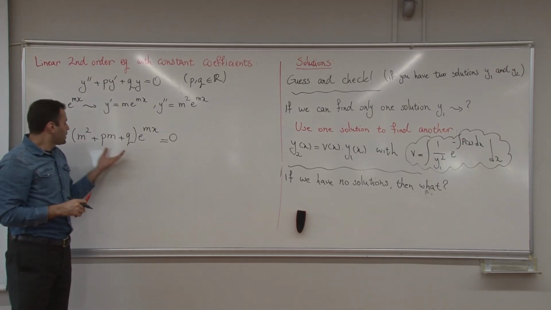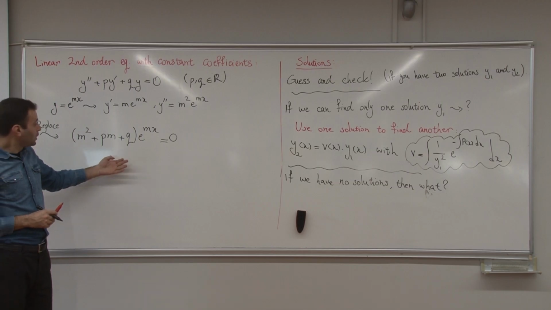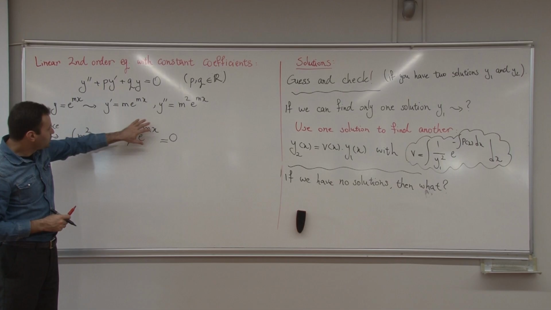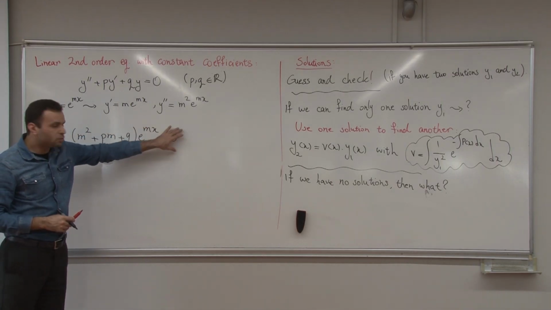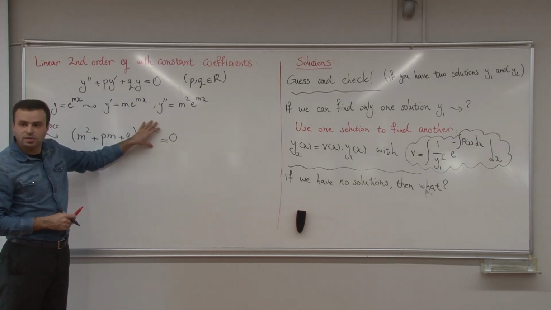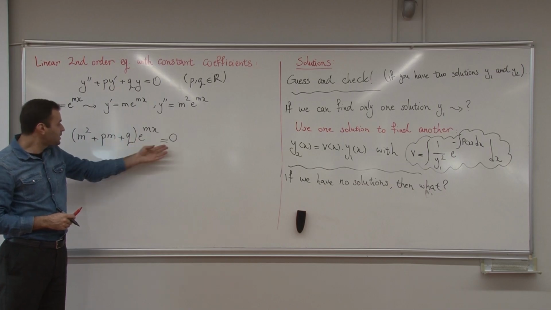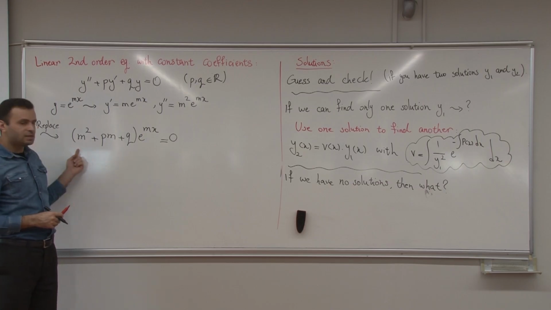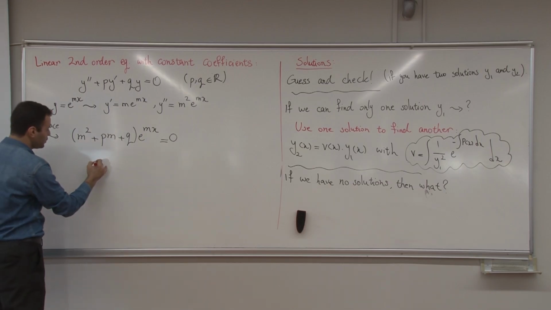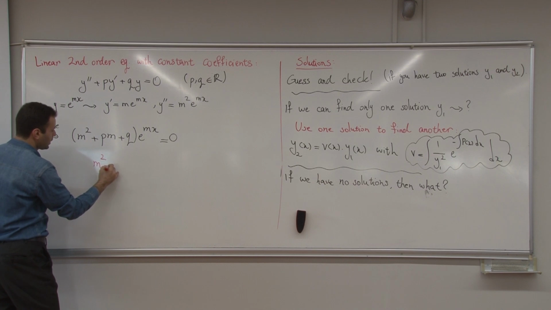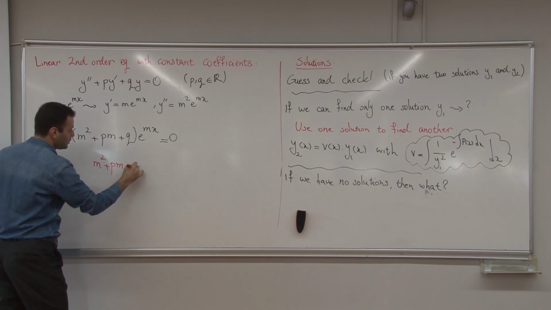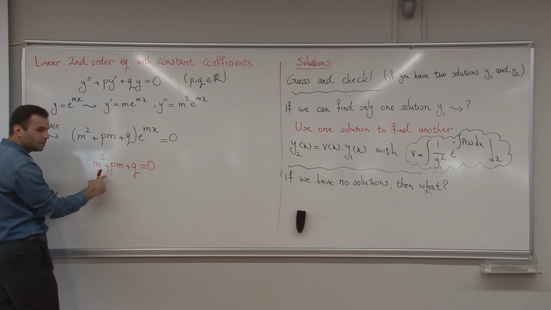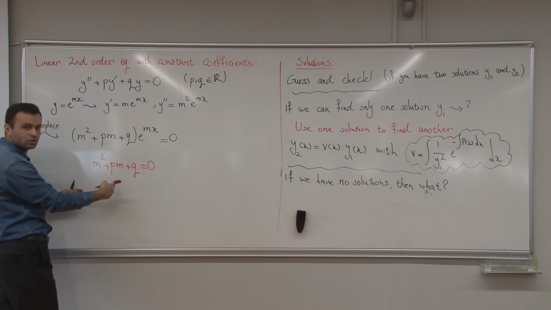Now what happens? We divide the whole equation by e to the power of mx. No, why not? We have something multiplied by something, and it is equal to 0. Can this exponential function be equal to 0? No. So the only case in which this equality holds is when the other factor is equal to 0, and this is equal to 0 exactly when m is equal to the roots of this second order polynomial equation.